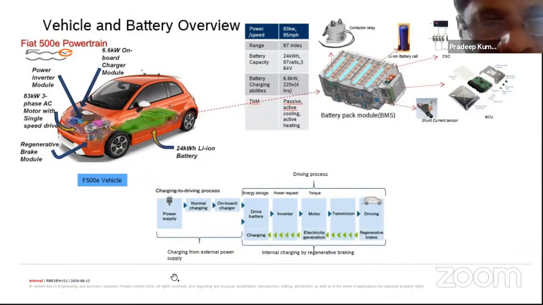What happens is that the braking module, in addition to the friction braking, also has additional components to support the regenerative braking. The kinetic energy of the electric vehicle, when it is moving and when you are applying slow brake, goes in the reverse direction, and the motor, which was motoring during normal operating conditions, will turn into a generator.